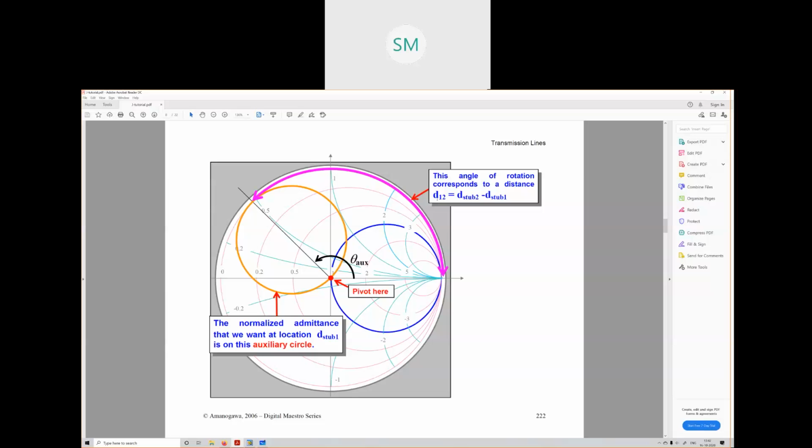Agree or not? So at load point 1, where should we be? On the orange circle. If we are anywhere on the orange circle, after moving this pink distance, we will reach the blue circle. Is it okay?